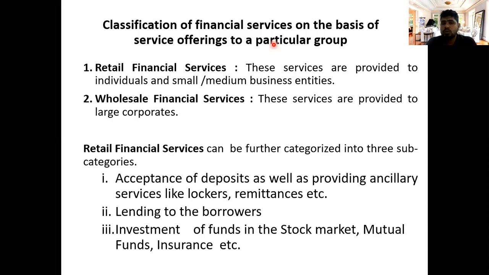Those financial institutions targeting individuals or small medium business entities are called retail financial service institutions. And those whose customers are large companies, business entities, and governments come under wholesale financial services.